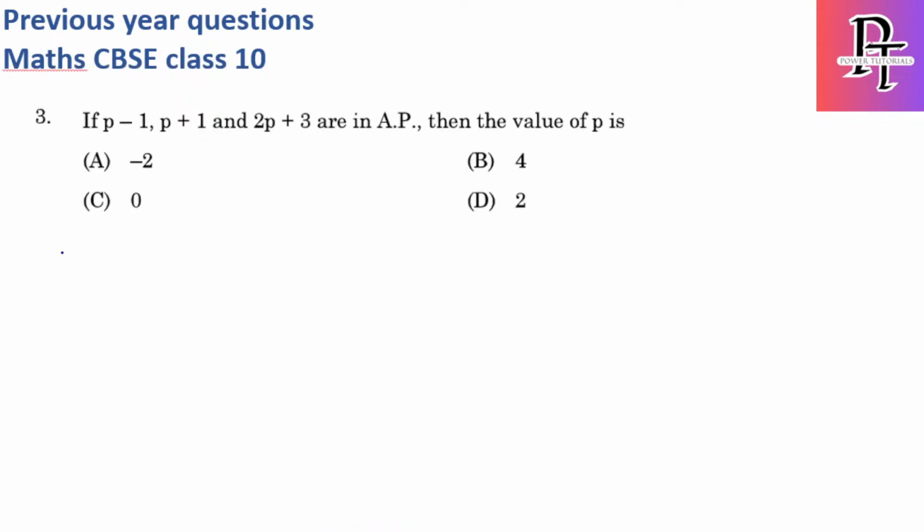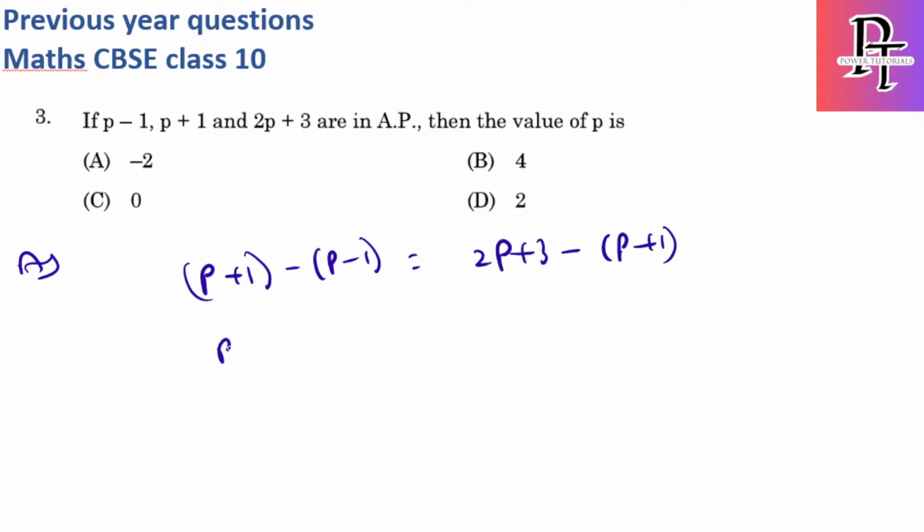Third question. If p minus 1, p plus 1 and 2p plus 3 are in AP, they are asking to find the value of p. For numbers to be in arithmetic progression, the condition is that the difference between any 2 consecutive terms should be the same. So second term minus first term should be equal to third term minus second term.